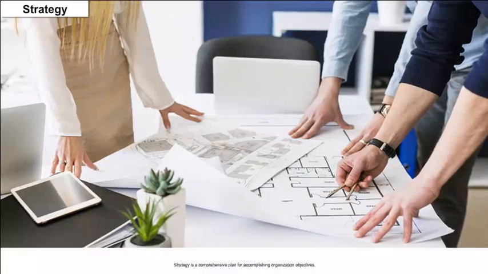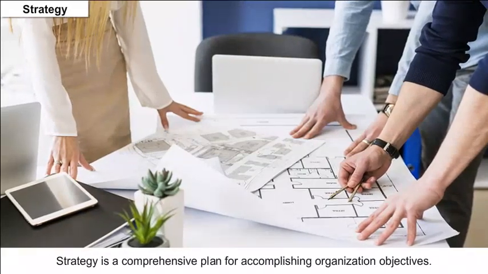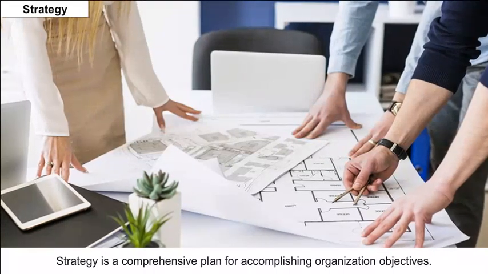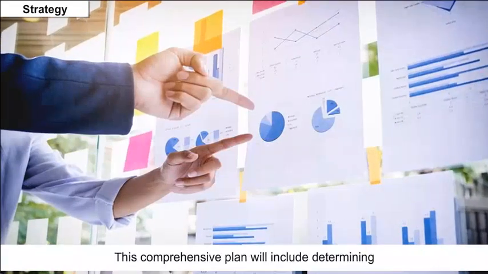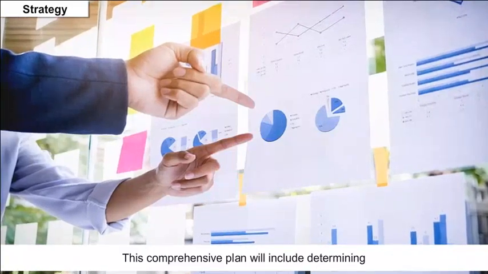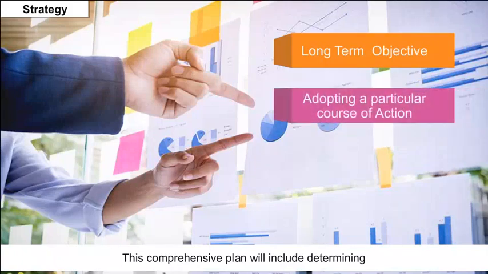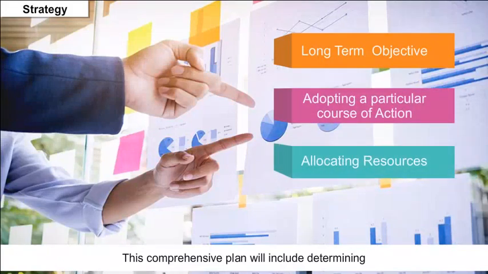Strategy. Strategy is a comprehensive plan for accomplishing organization objectives. This comprehensive plan will include determining long-term objectives, adopting a particular course of action, and allocating resources.